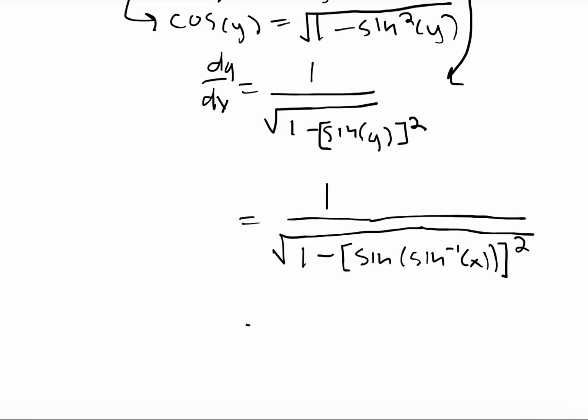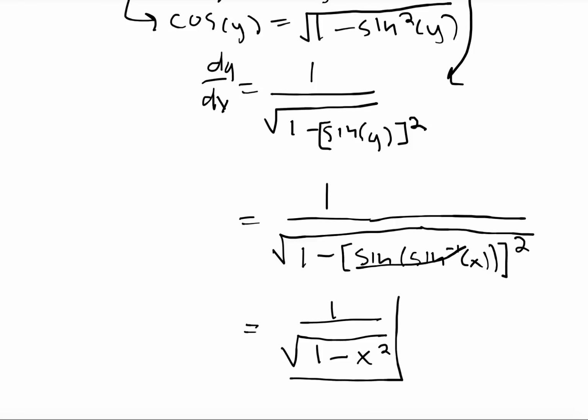Now, this is also not the form that you're probably going to see it in your textbook, reason being, we have another nice property of inverses where those guys cancel, so what this boils down to in the end is 1 over root 1 minus x squared.